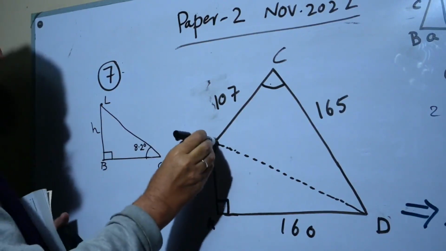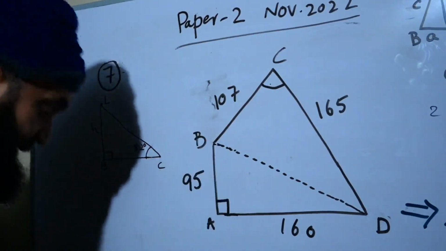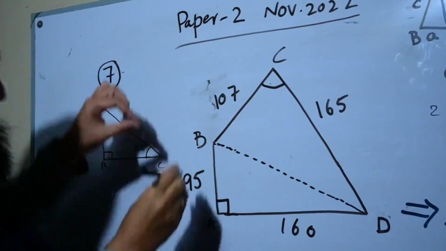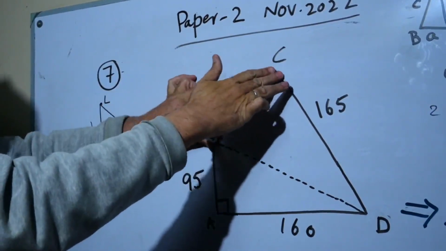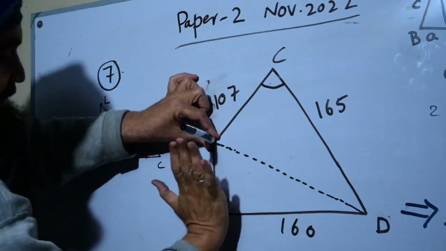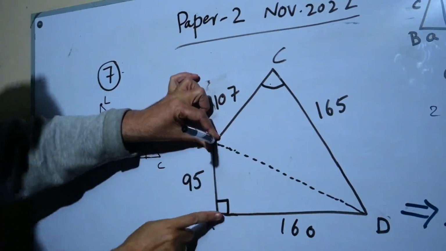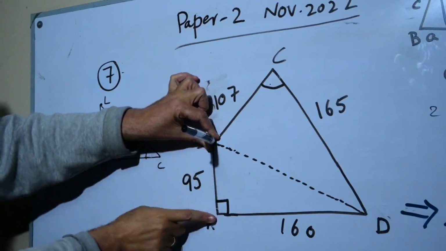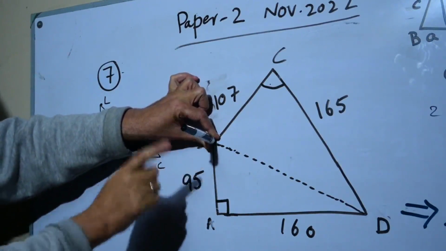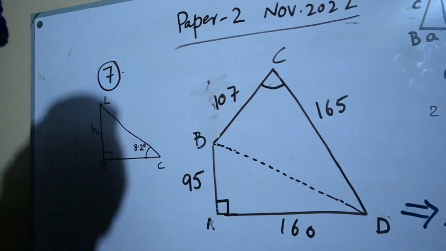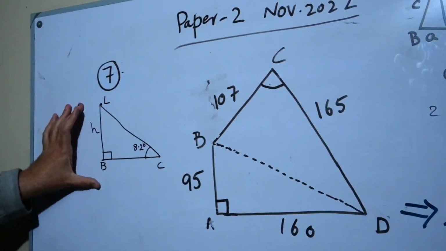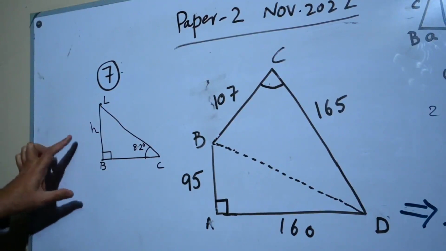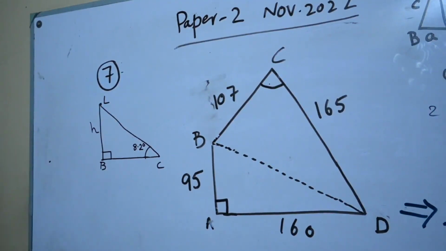This is the light, somewhere here. The angle of elevation from C is this. The angle of elevation from A will be this triangle. So we know this length. If you can calculate this height, you can find the angle by simple trigonometric ratios. So first of all, using this information, you can find the height of the light L.